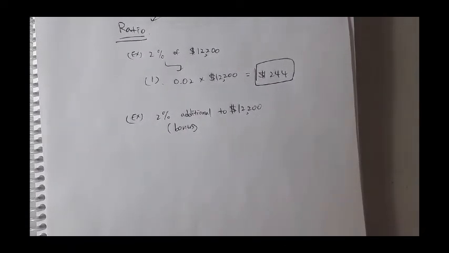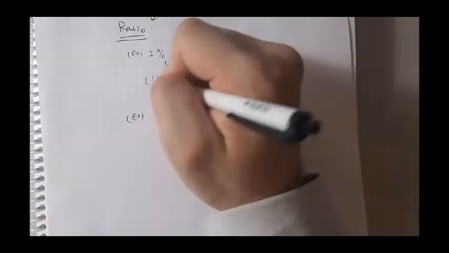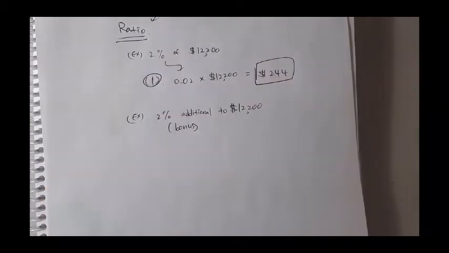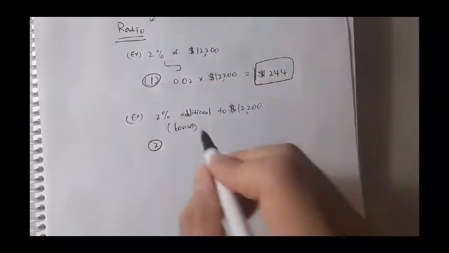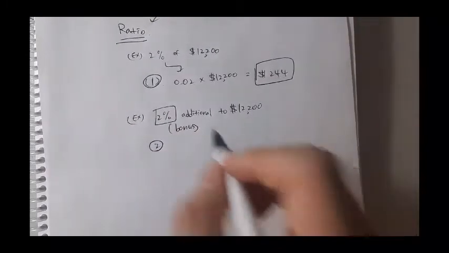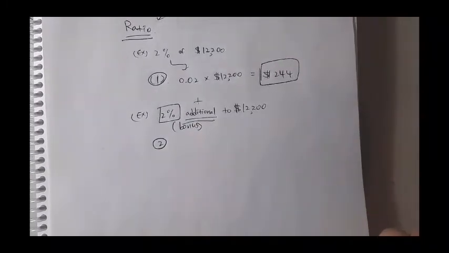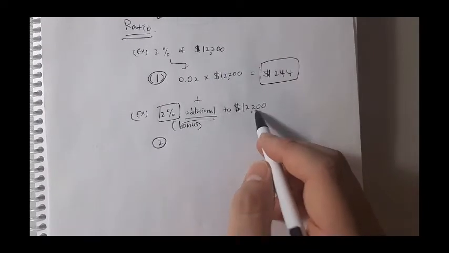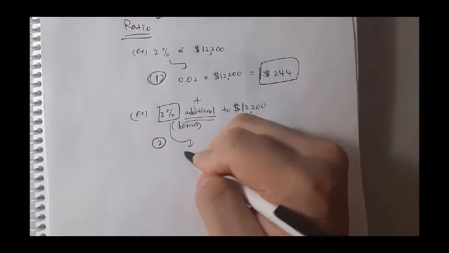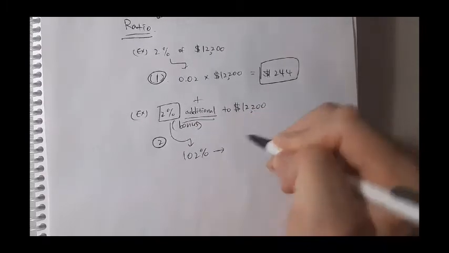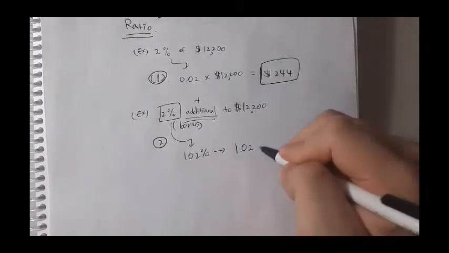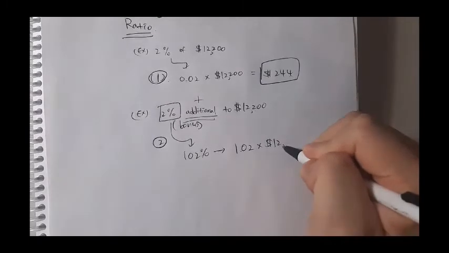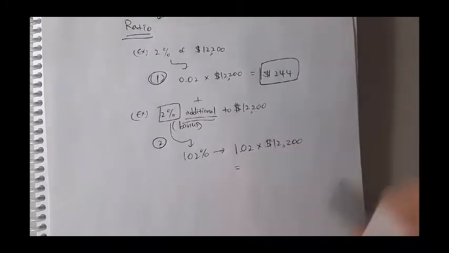How can you do it without using addition or subtraction? I know it's 2%, but if it's additional, that's adding. So instead of finding 2% of that and then adding it to the original value, you can just make this percentage 102%, which is 1.02. And then you can just multiply by whatever the amount is.